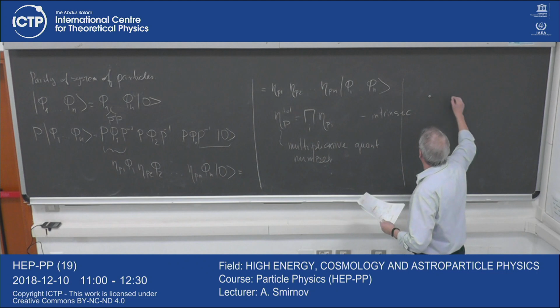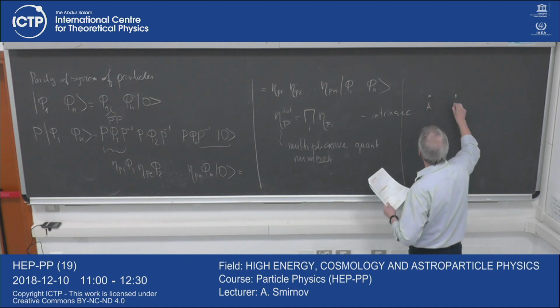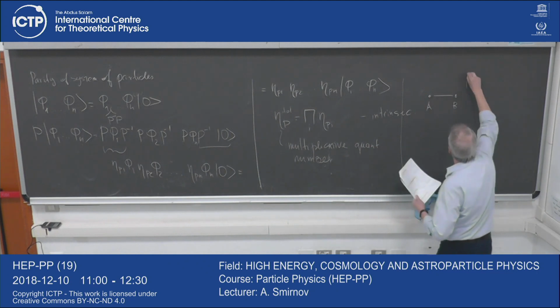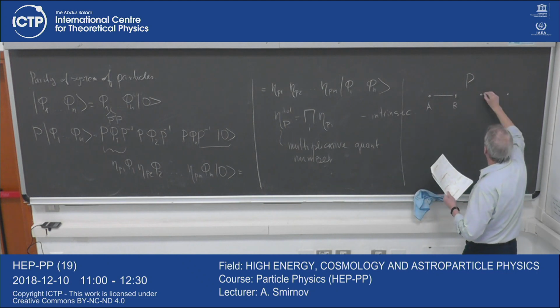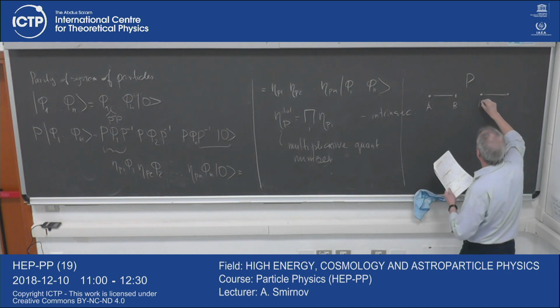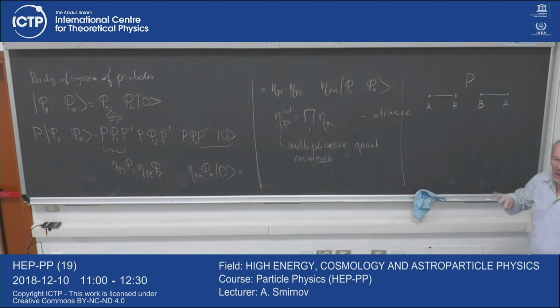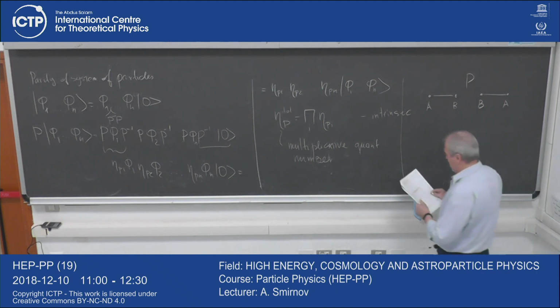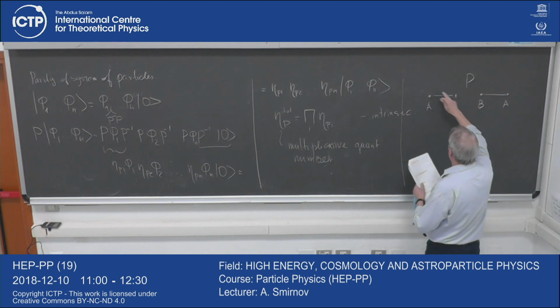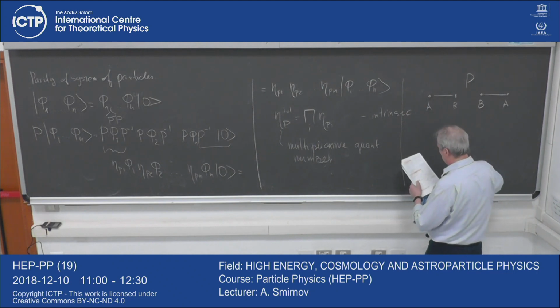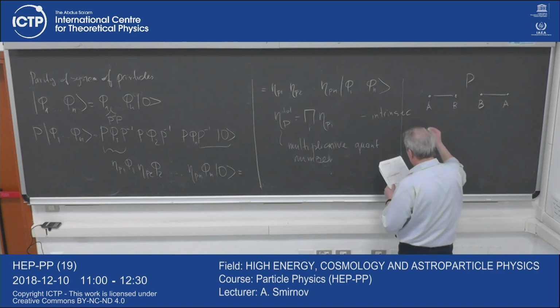So in the case of, for instance, two particles, A and B, under P transformation they change the order. Here it will be B and here it will be A. And under this transformation, the wave function which describes motion of these two particles may change the sign.